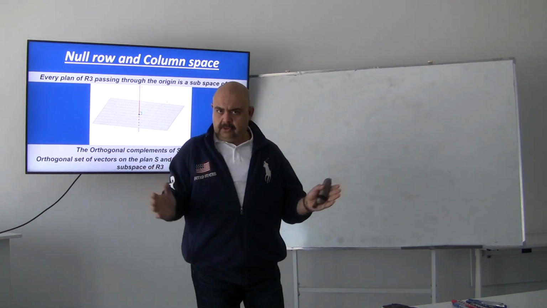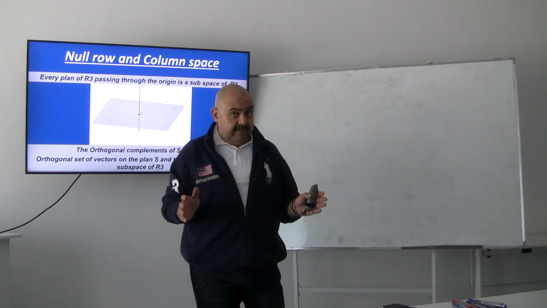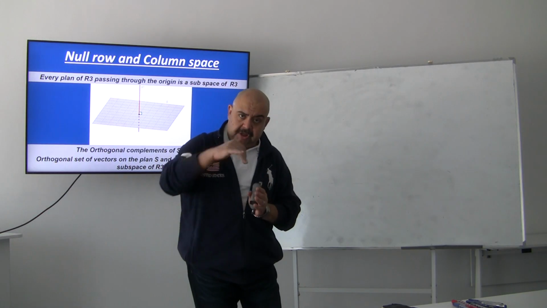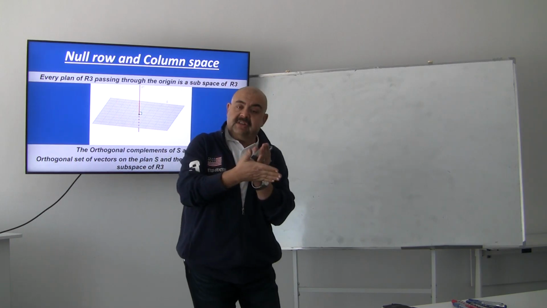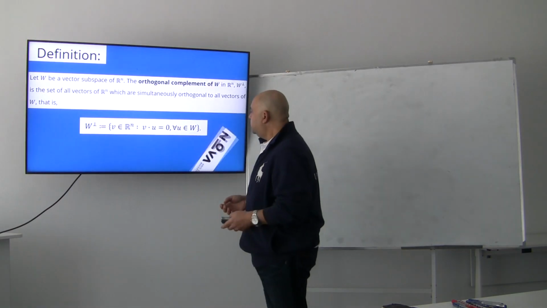Simply, all the vectors that can go through the origin of these subvector spaces, and the orthogonal complements of these vector spaces, are also vector spaces.